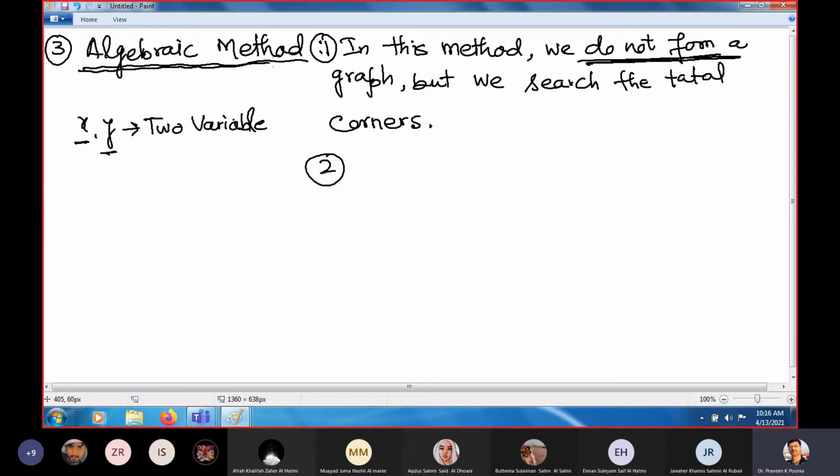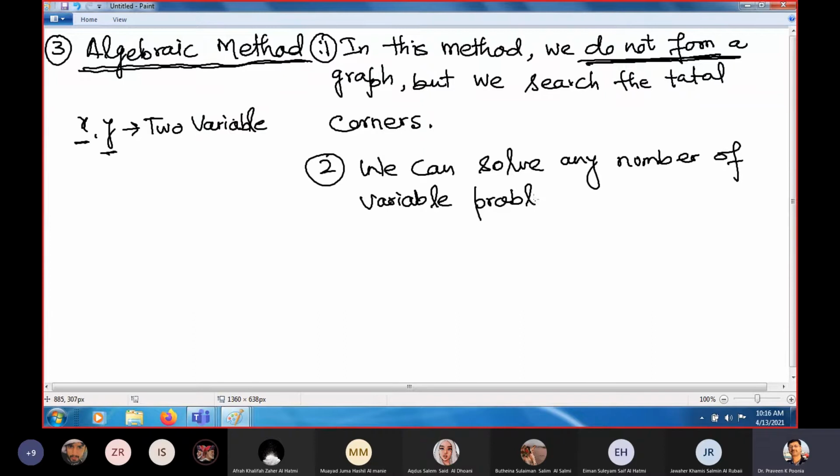But in algebraic method, the good thing is we can solve any number of variable problems using algebraic method. Clear? Please remember this.